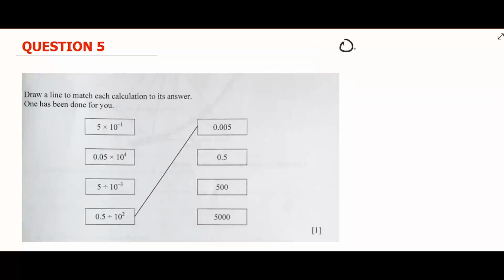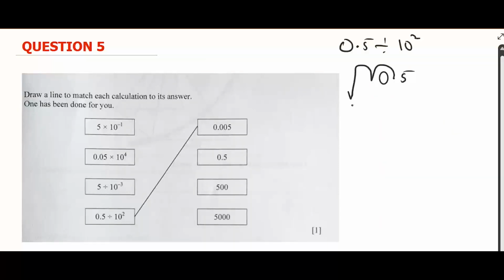We have 0.5 divided by 10 to the power of 2. When you are dividing by a power of 10, you shift the decimal point backward according to the power there. So you are dividing by 10 to the power of 2, which means you shift the decimal point backward 2 times, 1 and 2.